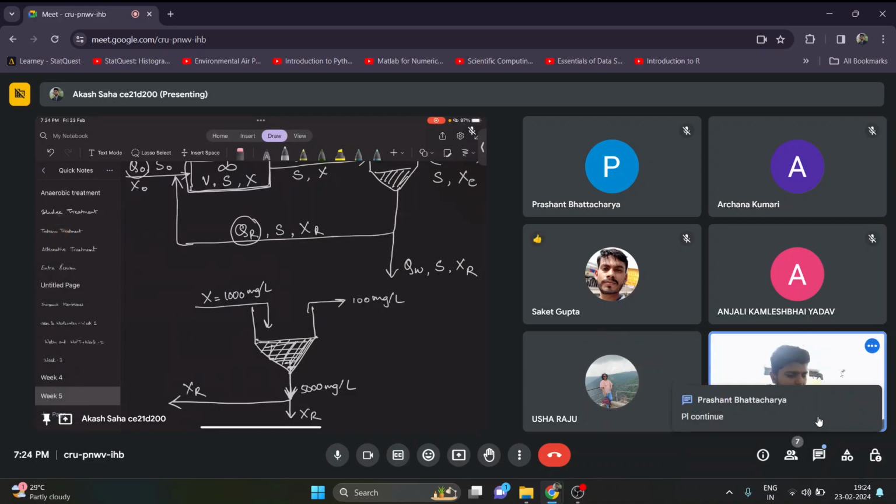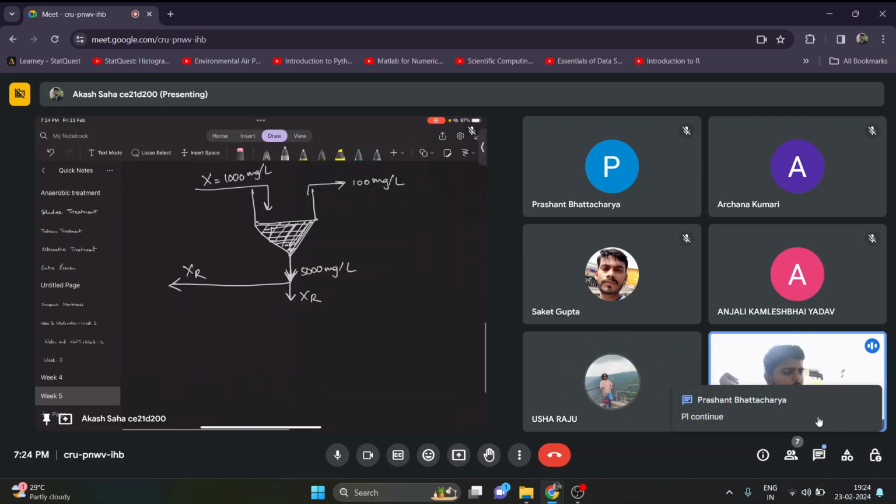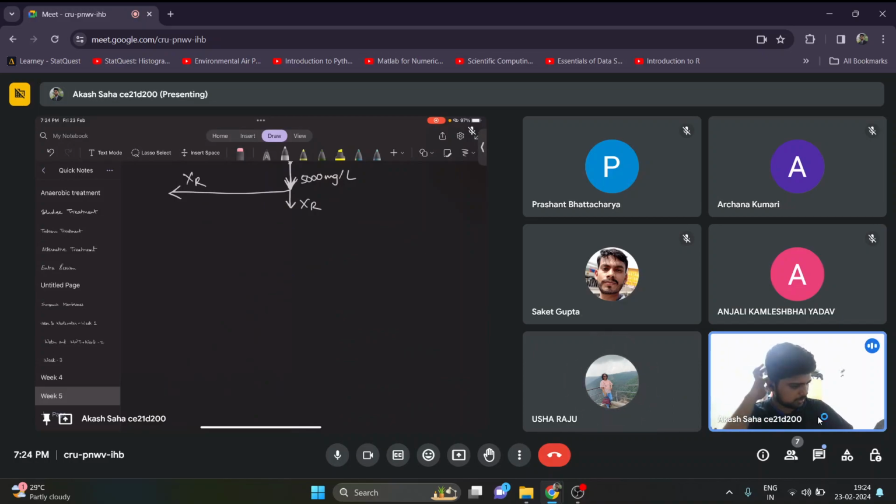Okay, so these are all my notations. Now we will see how to derive one thing after another. If we talk about the steady state biomass mass balance, first we will do the mass balance for the biomass, or the microbes.